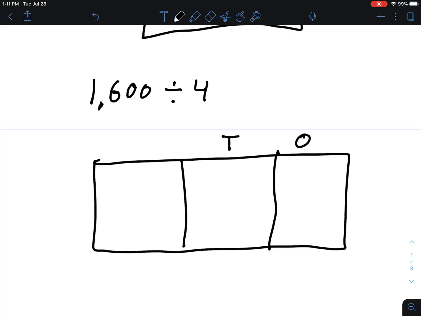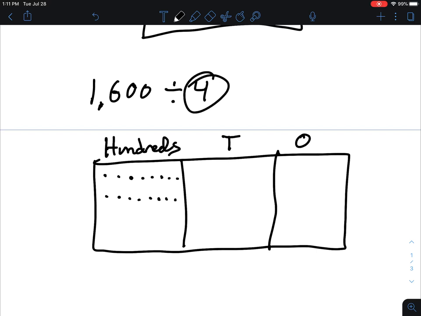All right, so I'm going to show you again with the place value chart, just because that's what the lesson's supposed to be about. So there's ones, tens, hundreds. So remember, 1,600 divided by 4. This one I can actually do discs. Right, I could do 16 of those. 2, 3, 4, 6, 7, 8, 9, 10, 11, 12, 13, 14, 15, 16.